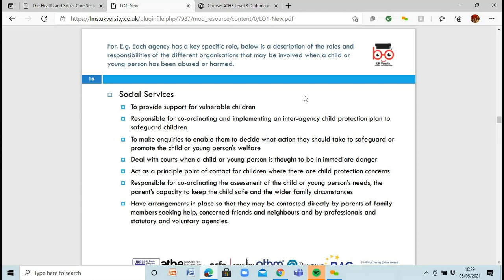In that case, they might remove that vulnerable person from their immediate setting. They're the principal point of contact for child protection concerns. They're responsible for coordinating assessment of persons' needs, and they also put arrangements into place where you can get in touch with parents, family members or agencies if there's an issue.